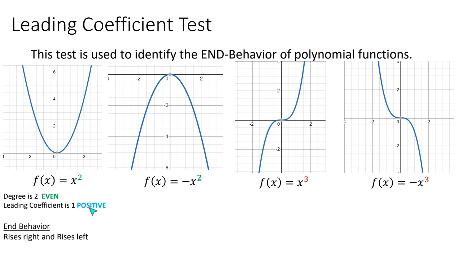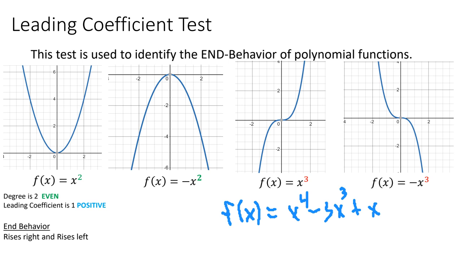So in order to determine the end behavior, we're going to be looking at the degree of the polynomial. The degree of a polynomial is going to be the highest exponent of your polynomial. Let me give you another example here really quick. Let's say we had f of x is equal to x to the 4th minus 3x cubed plus x.